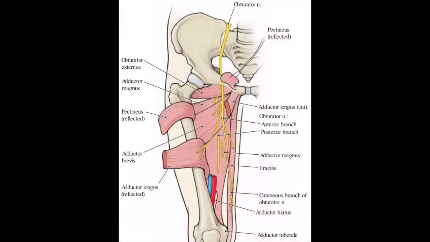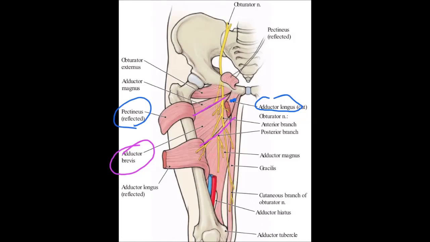So you see, I think you remember this diagram, because this is from Grant's Dissector. So this one is adductor brevis, and longus, this longus tendon, and this one being the pectineus.